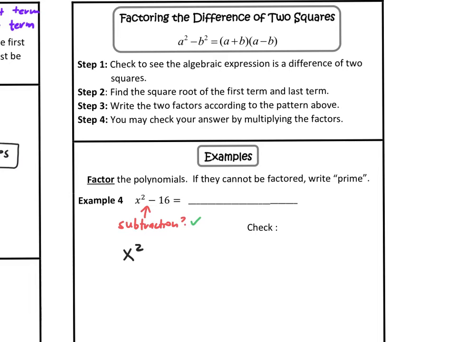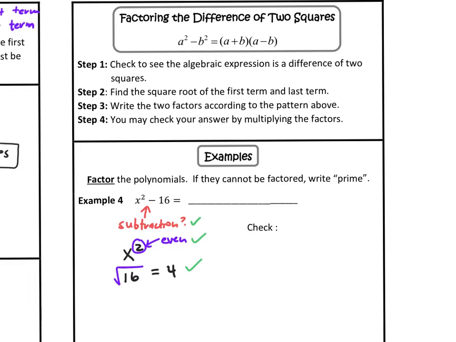X squared is even. It's an even exponent, so that checks off. And then can I take the square root of 16 and get a whole number? Yes, right? So everything checks off. So step 1, checked off.